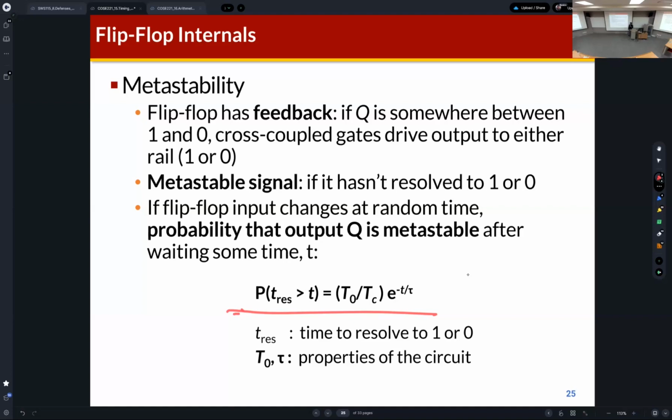As you can see, this is the inverse of an exponential function, right? So this is a kind of constant value, and this is also some coefficient of this function, and then this is the t. Then this probability is determined by t. So what does that mean?